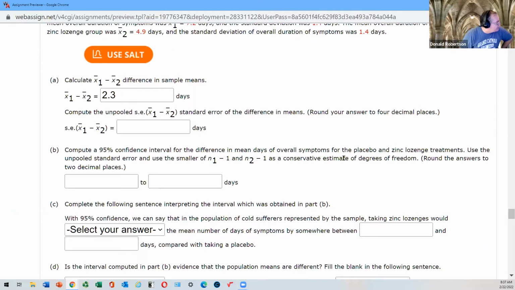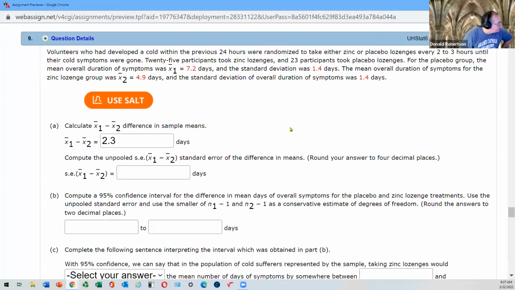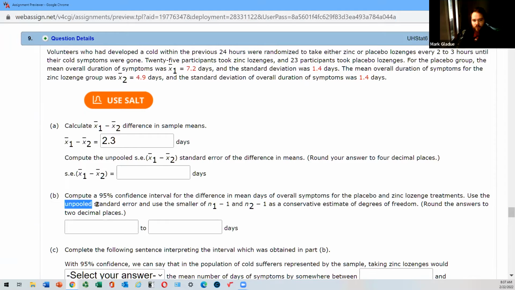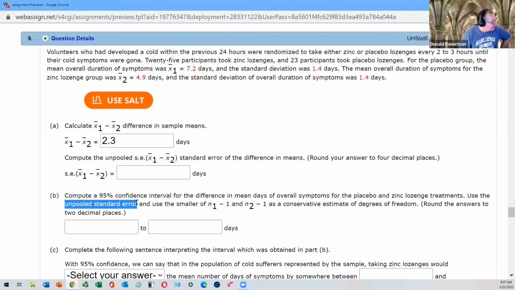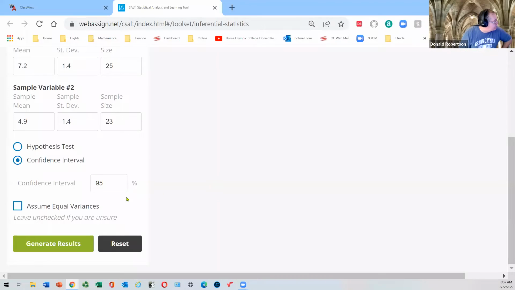Do you see any indication of them being pooled here? Yeah, it says compute the unpooled standard. You see that there? Somewhere or other, they got to tell you, right? And it says that they decided to do unpooled. So, okay, unpooled it is.